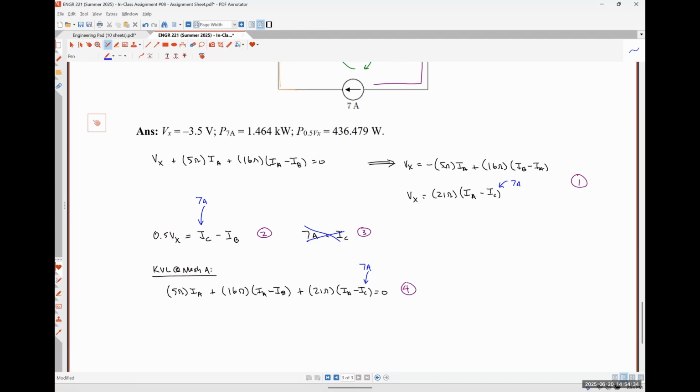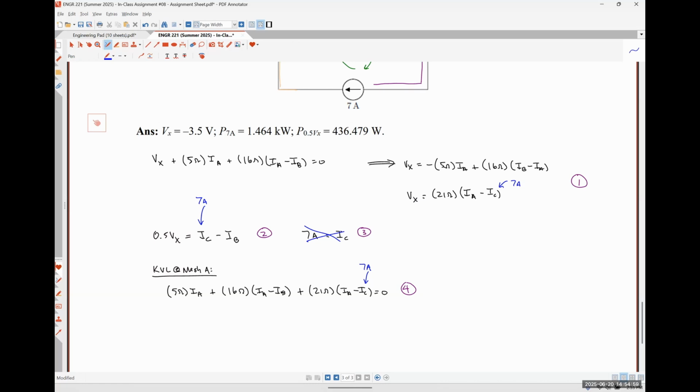For my second equation, I'm going to leave the 7 amps on the right-hand side of the equal sign and move the IB over. So my coefficient for IA is 0. My coefficient for IB is +1. My coefficient for Vx is 0.5. And my constant term is 7.